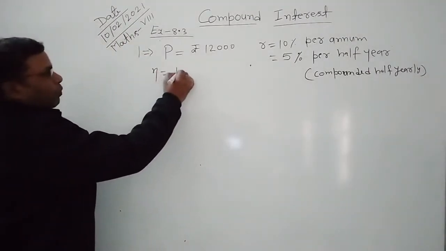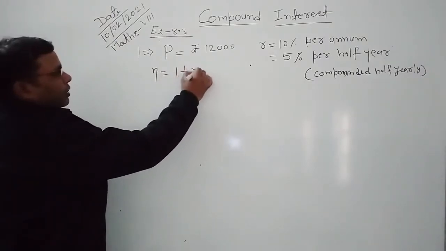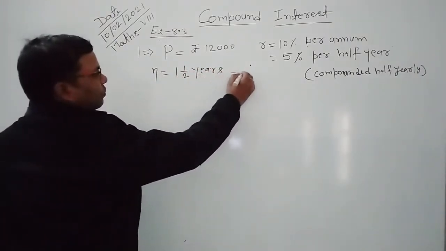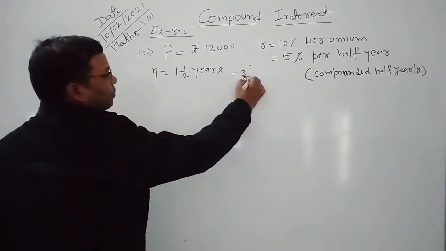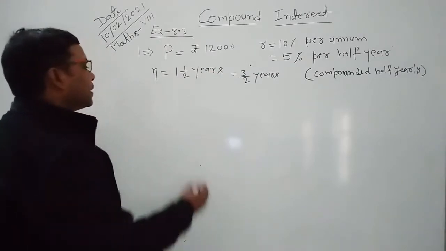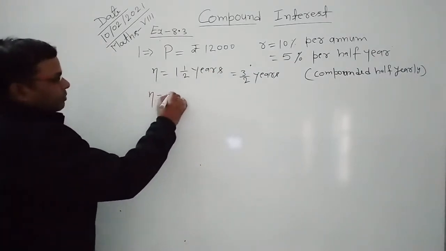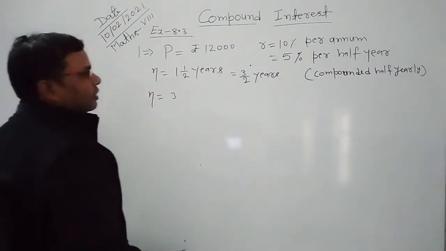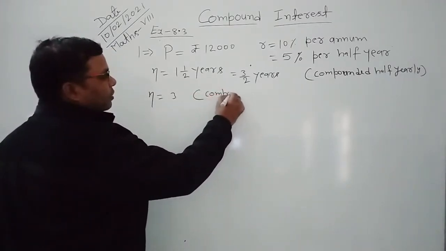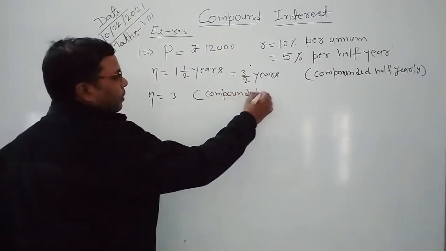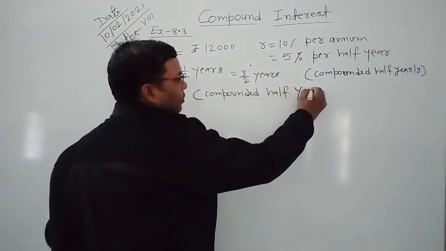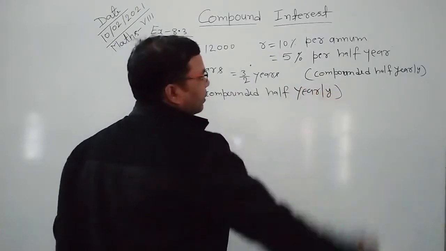This is given as 1 and 1/2 years, or you can say this is equal to 3/2 years. But in the case of compounded half yearly, it becomes 3 half years. You write here compounded half yearly.